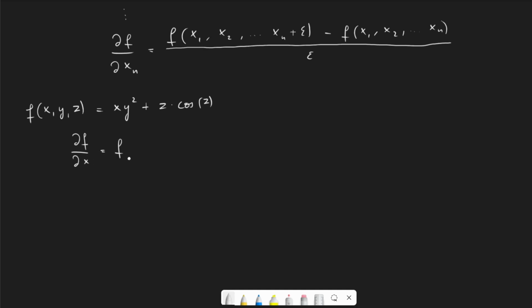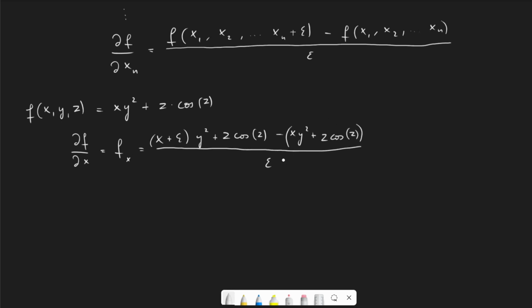This can be written as f subscript x, and we will use the previous formula we have written in this video. So we should put x plus epsilon in the place of x, and this way we would get x plus epsilon times y squared plus z times cosine z, and we will subtract x y squared plus z times cosine of z, and we will divide it by epsilon.